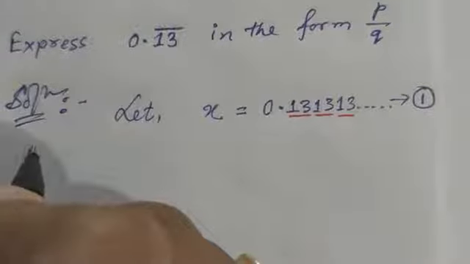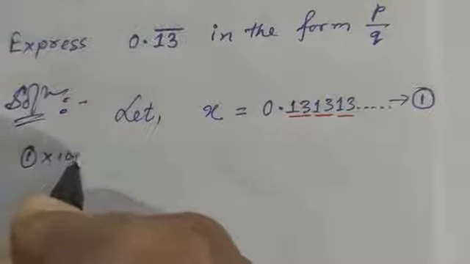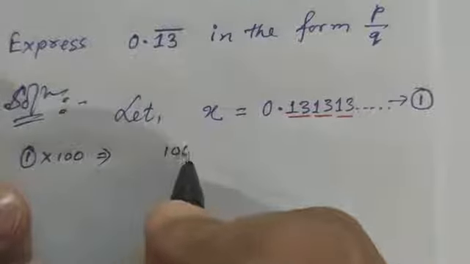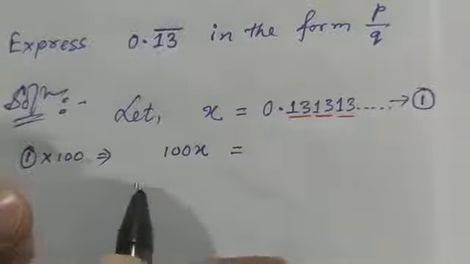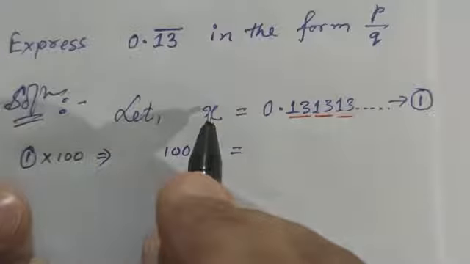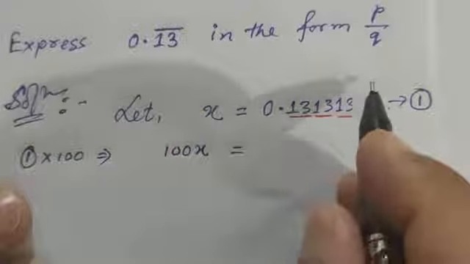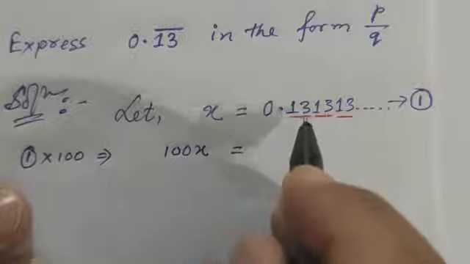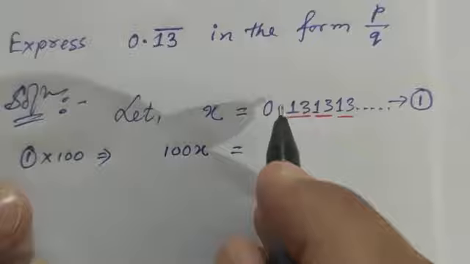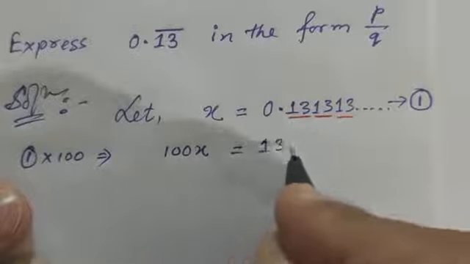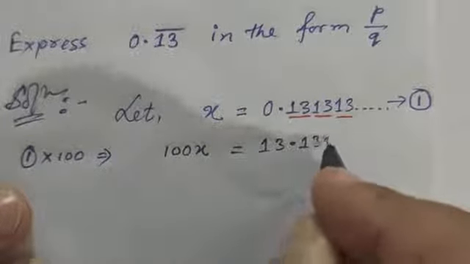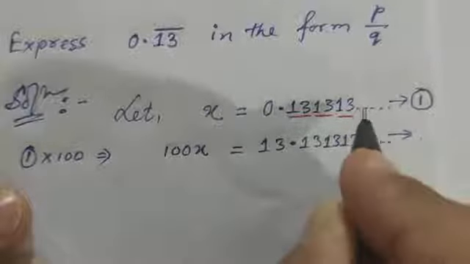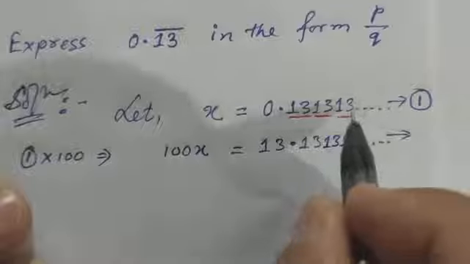So equation number 1 is multiplied with 100. Then it becomes 100 times x, and on the other side, 13.131313 and so on.